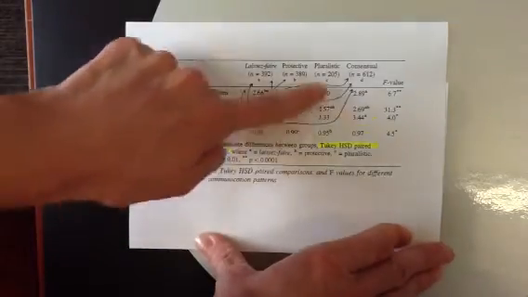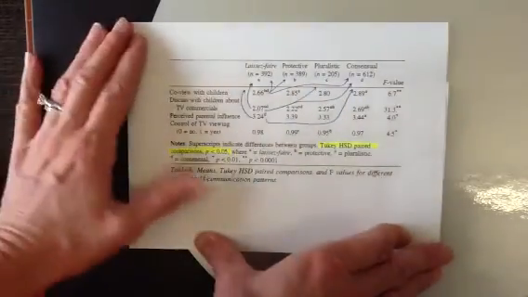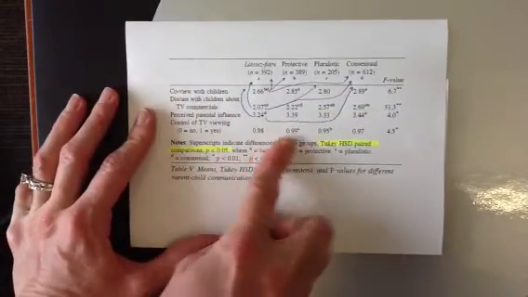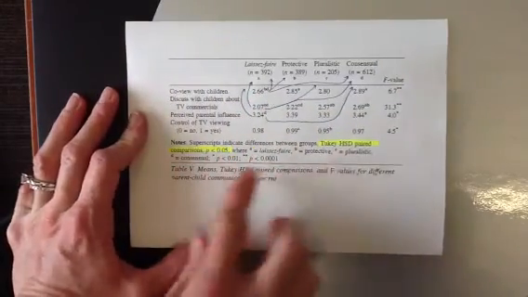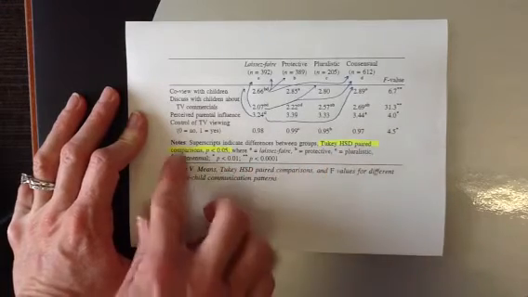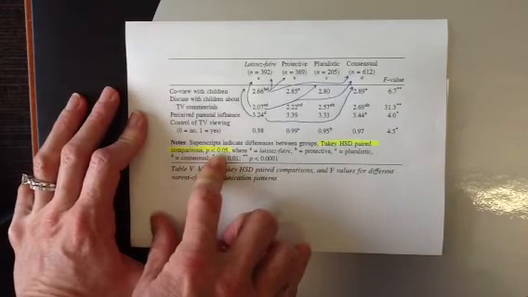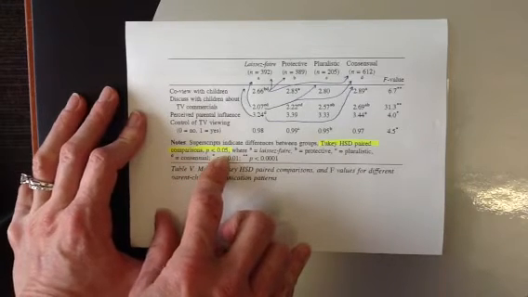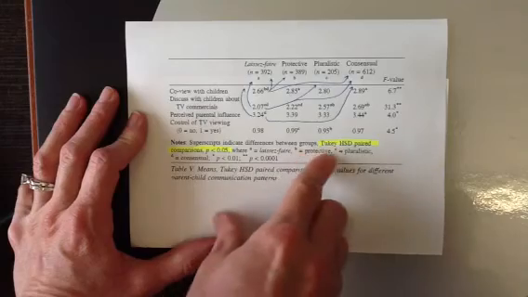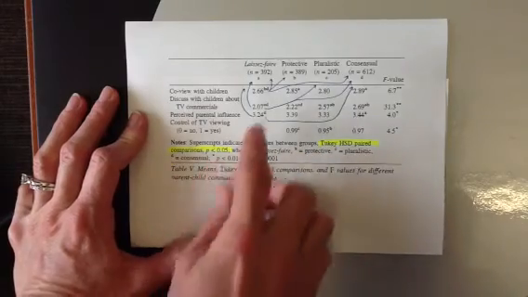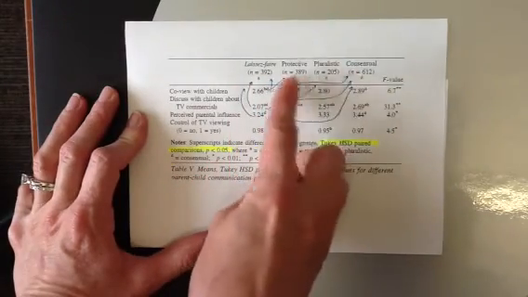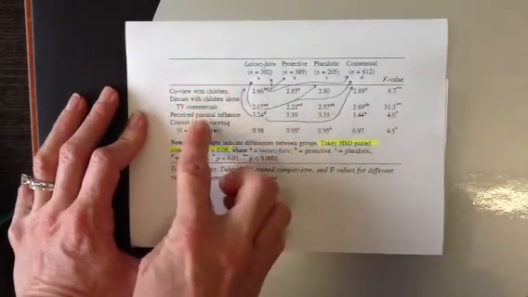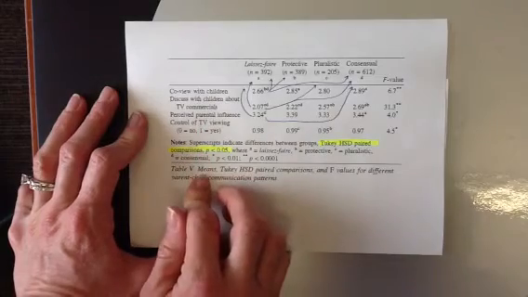So you'll see the different values, and then you'll have these superscripts, and you have to go down to see what the superscripts represent. But usually in Tukey's HSD, any superscripts will refer to a probability of chance finding being less than 0.05. And then you have to use these little superscripts to see which different styles of parenting are statistically significantly different from each other on each of these different media supervision components.